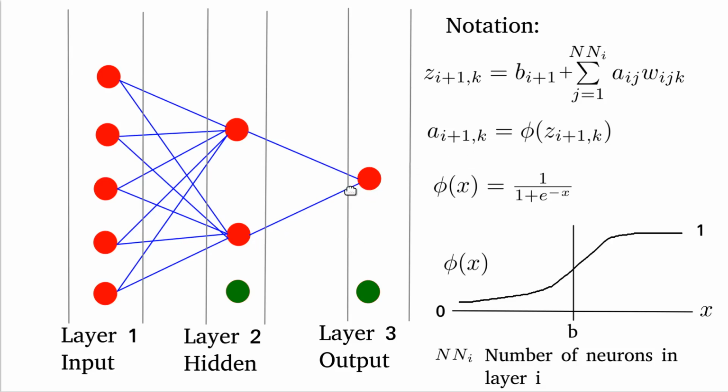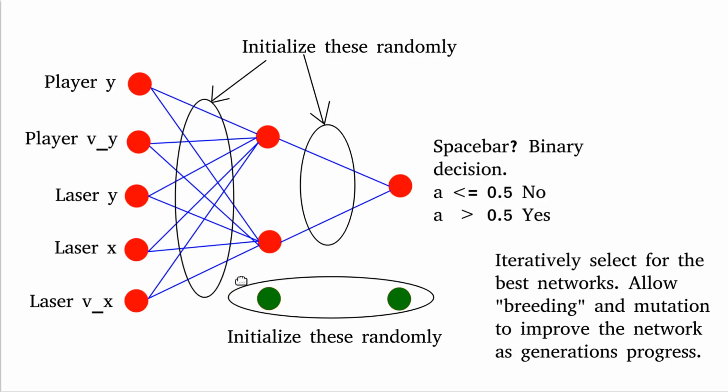So what I actually have to do is a genetic algorithm, where I create a bunch of different random variations of weights and biases, I run them all, and I allow the best ones to breed. That takes me to the next slide. Let's say these are my inputs, like the case where I would only have one laser. I would initialize my weights and my biases randomly for every single variation.